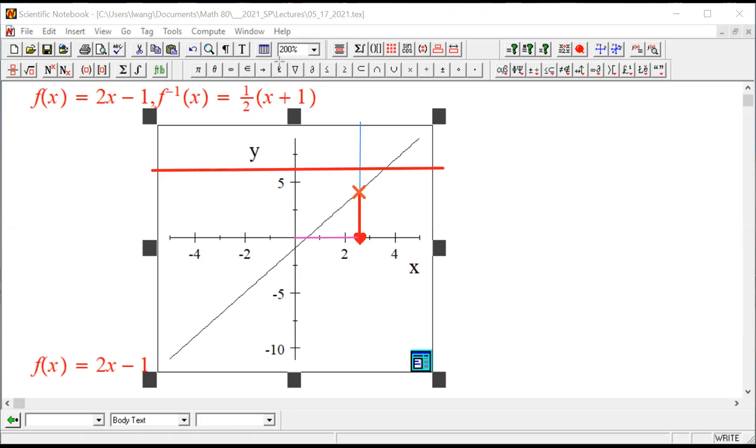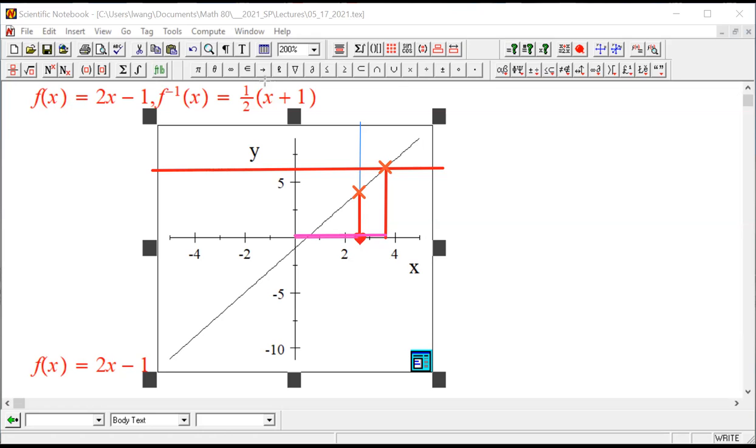There's one and only one. So given the output, this output is this much. It crosses the curve at exactly one point. And the respective input is this much. Purple again.